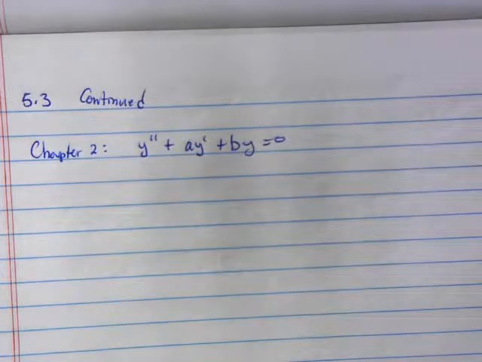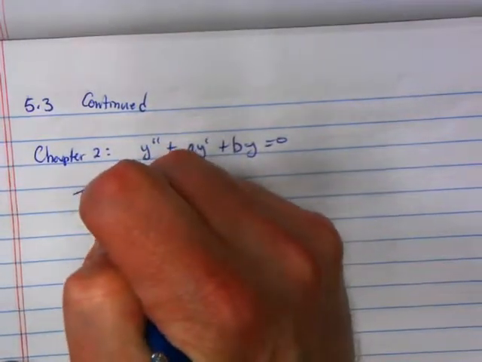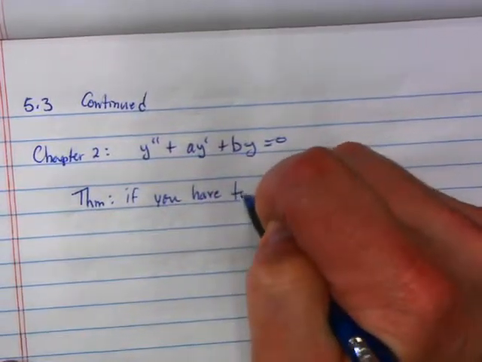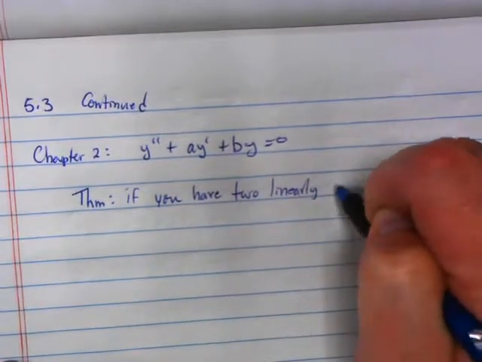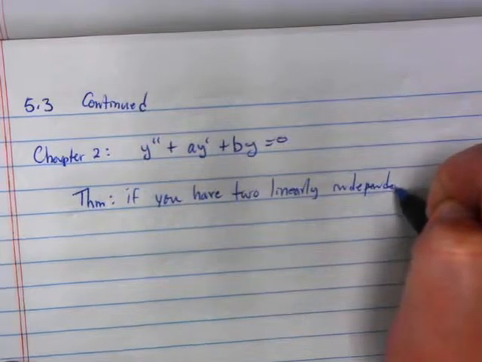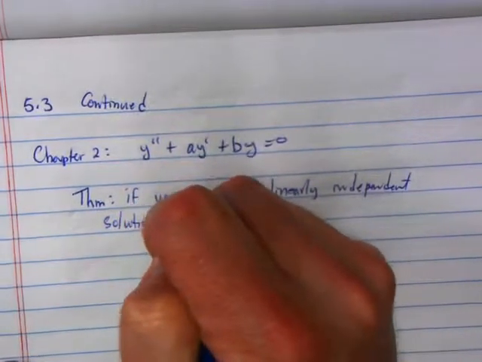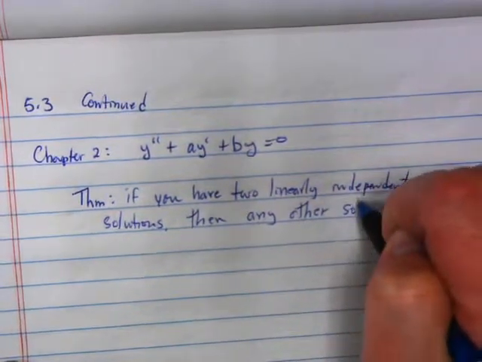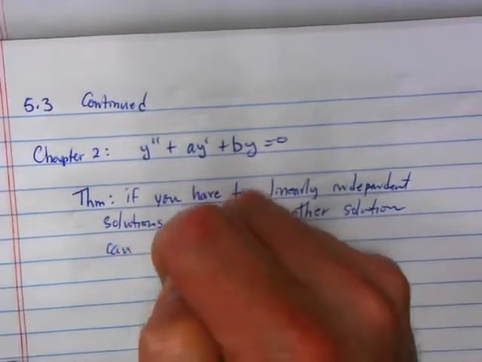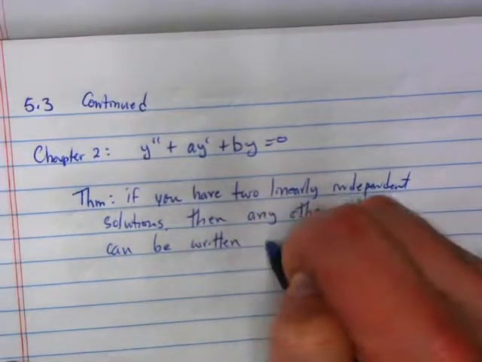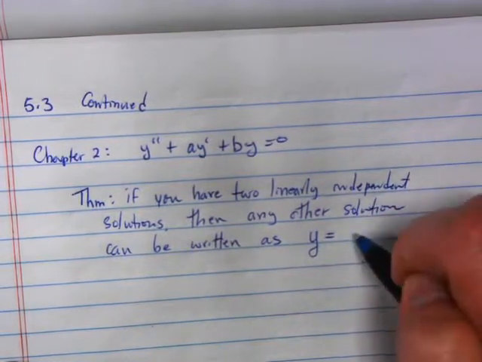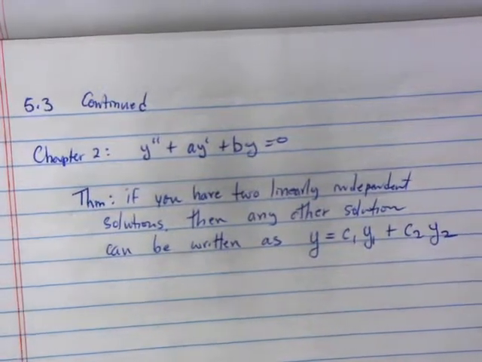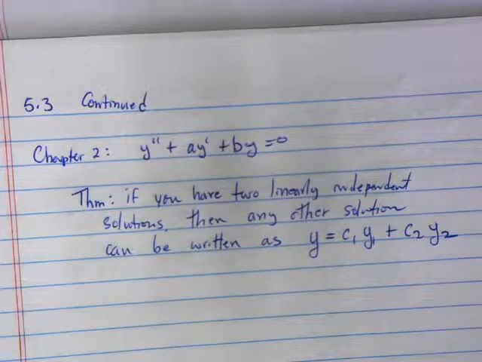So we had a big theorem that said, if you have 2 linearly independent solutions, then any other solution can be written as y equals C1 times your first solution plus C2 times your second solution. That was our big theorem in the beginning of chapter 2.